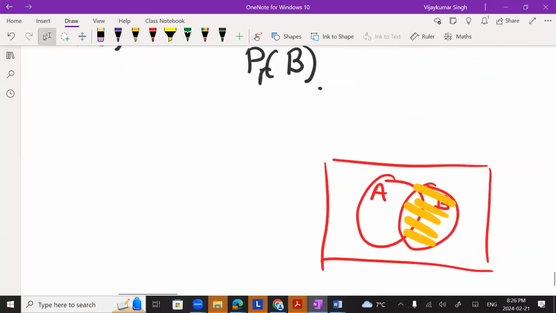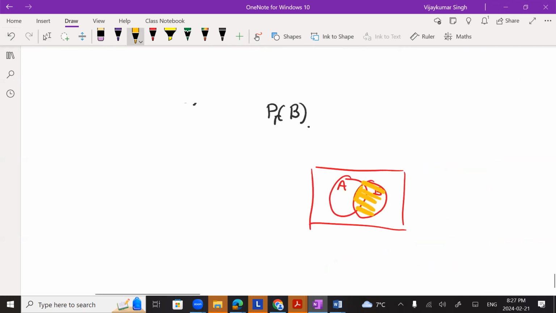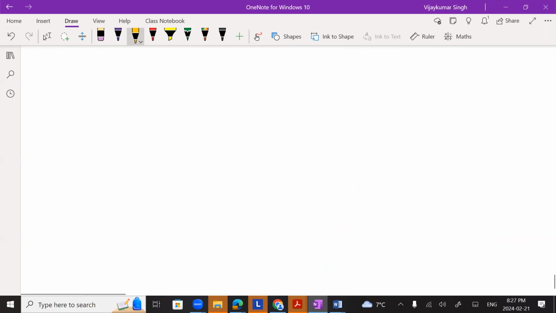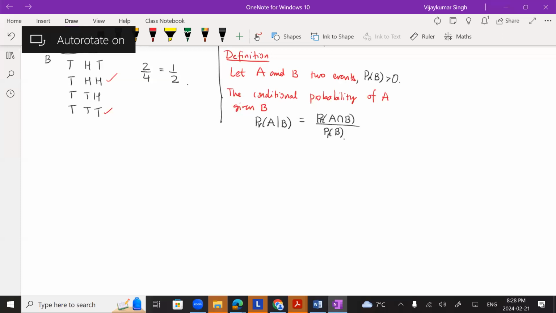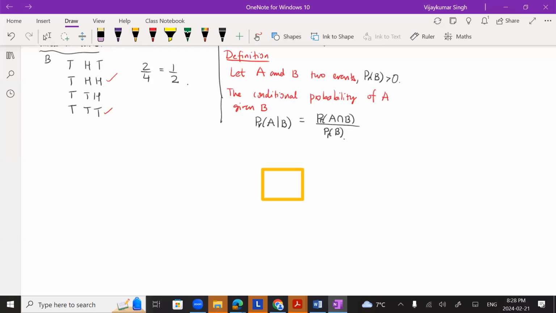Now what is the possibility of A also happening on top of B? That is going to be this part here. Sorry, let me use a different color pen. Let's draw this again so that it makes sense.